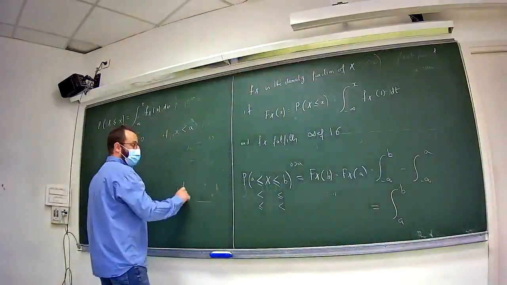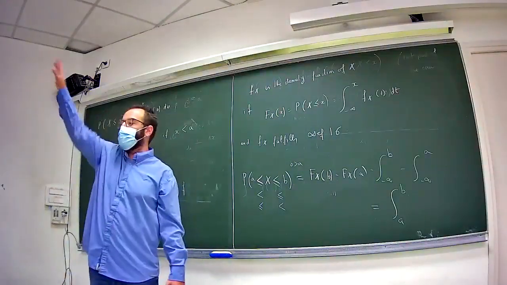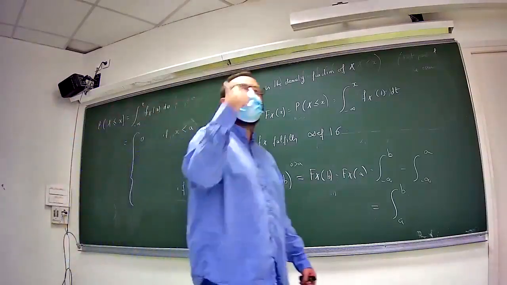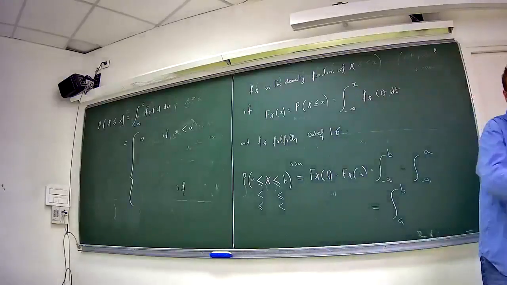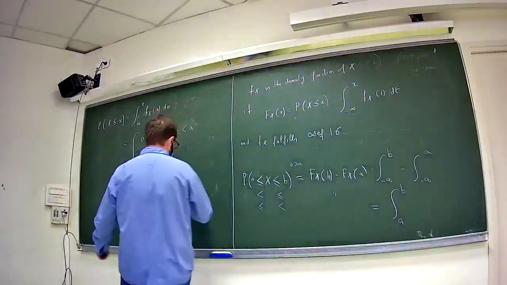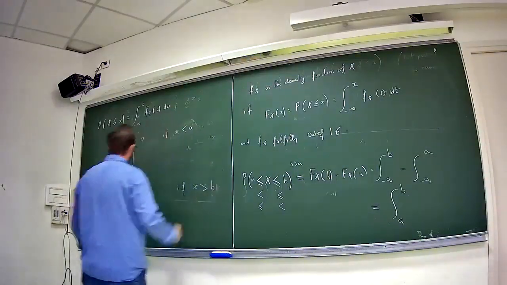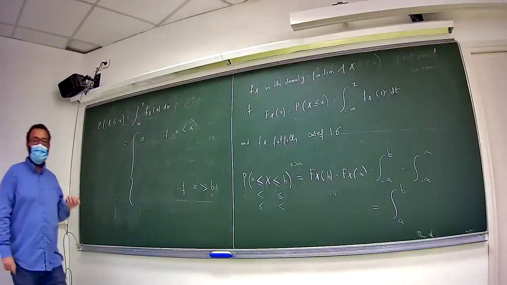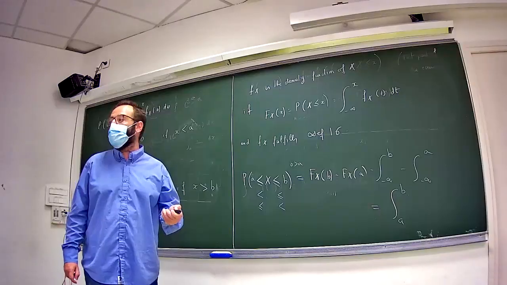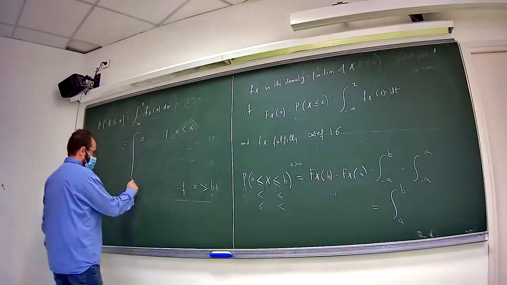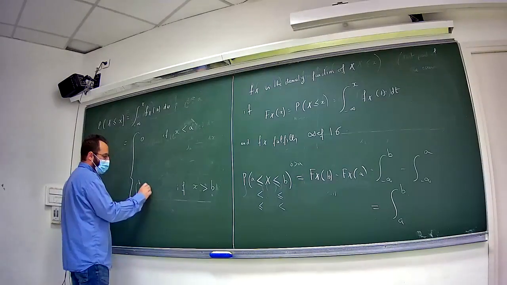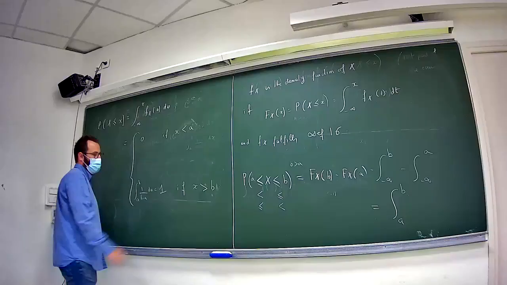Not 0. It's not possible for a distribution function to have values for big X that are 0. You know that the limit of the distribution function at plus infinity is 1. So if it is constant for big X, it will be 1, not 0. So if X is strictly greater than B, the integral I am interested in is just the integral between A and B, because A and B is the interval on which I am not 0. So here it's just the integral between A and B of 1 over B minus A du, that is equal to 1.